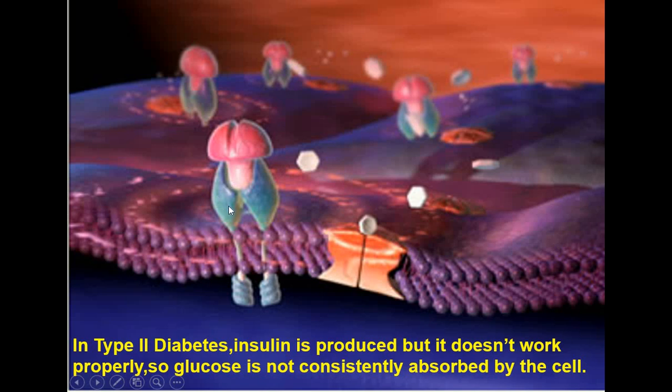So this receptor becomes insensitive, or it is not functioning properly for the action of insulin. This effect is termed insulin resistance. Insulin resistance is genetic in nature, so it is a hereditary disease, but it could be provoked by some environmental conditions like a sedentary lifestyle.